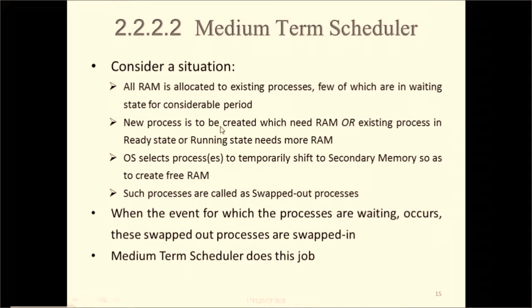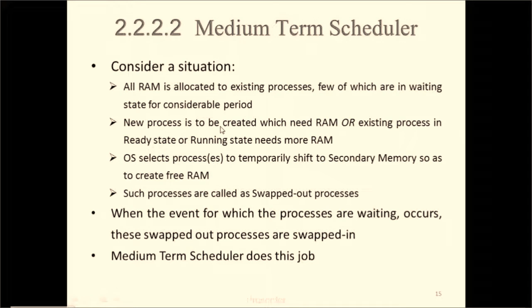Alright. This process of taking away RAM from an allocated and waiting process, storing all information or RAM contents of that process onto the secondary, and reallocating the newly freed RAM to a new process or another process, whatever may be the case, is called the process having been swapped out.